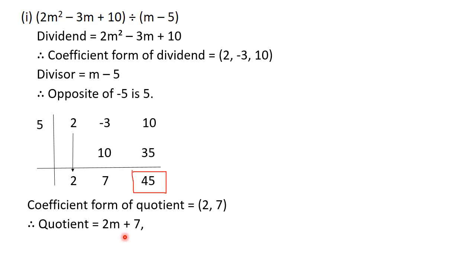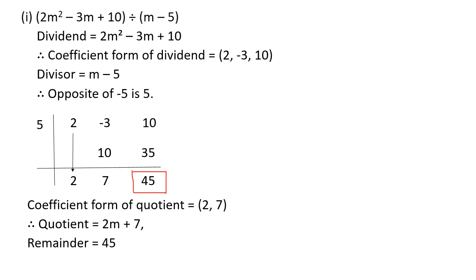And here they have told us to write down the quotient and the remainder. They have not asked us to write down Euclid's division lemma or the formula dividend is equal to divisor into quotient plus remainder. Only we have to write down the quotient and remainder. So that is our answer. Quotient is already written and remainder is 45.